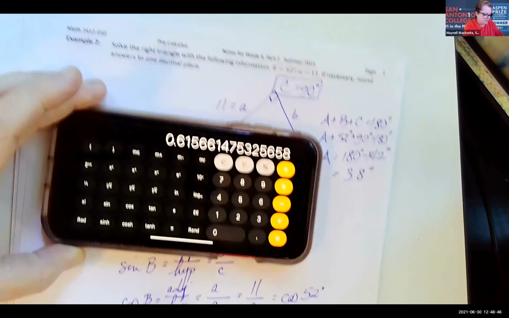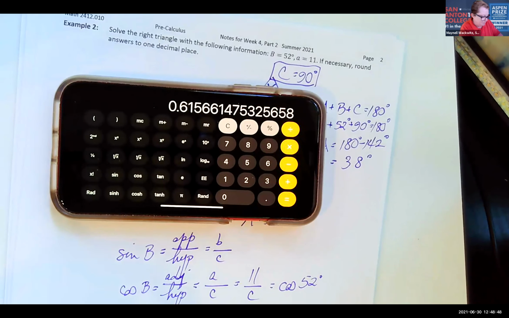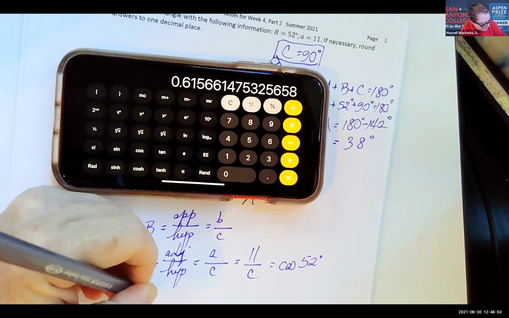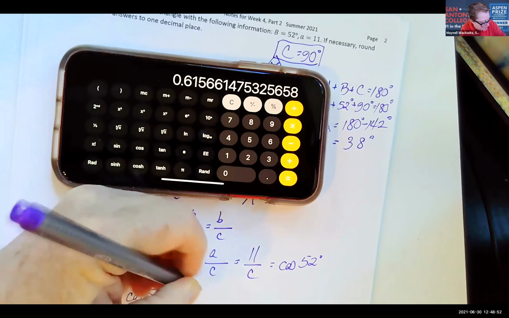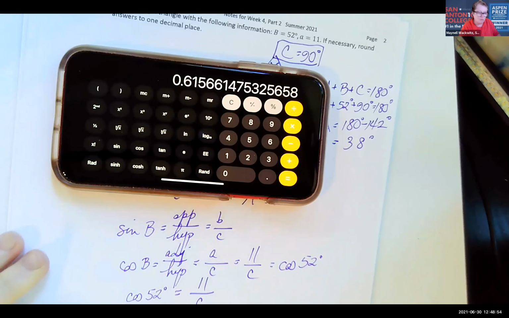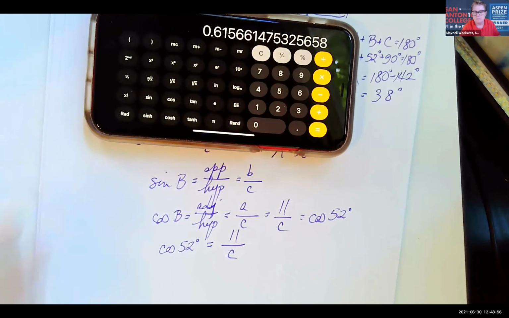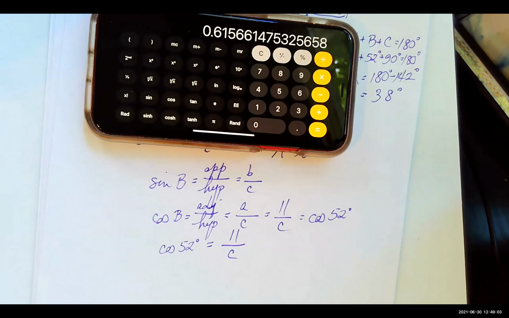Let's do a little bit more algebra. We know the cosine of 52 degrees equals 11 over c. What are we trying to find? We're trying to find c. Let's multiply both sides by c.